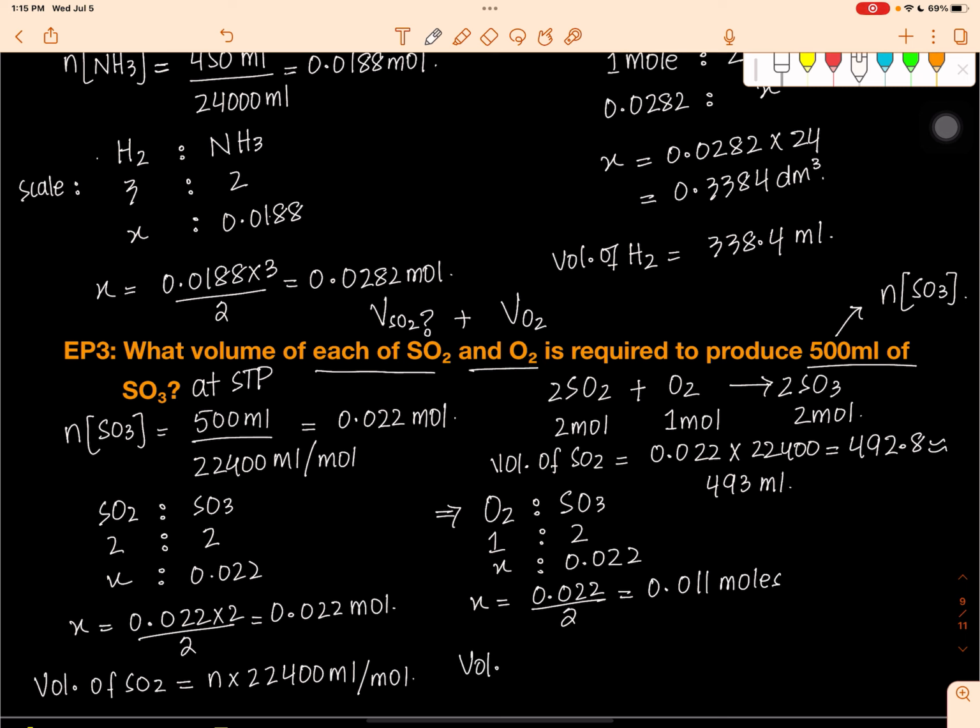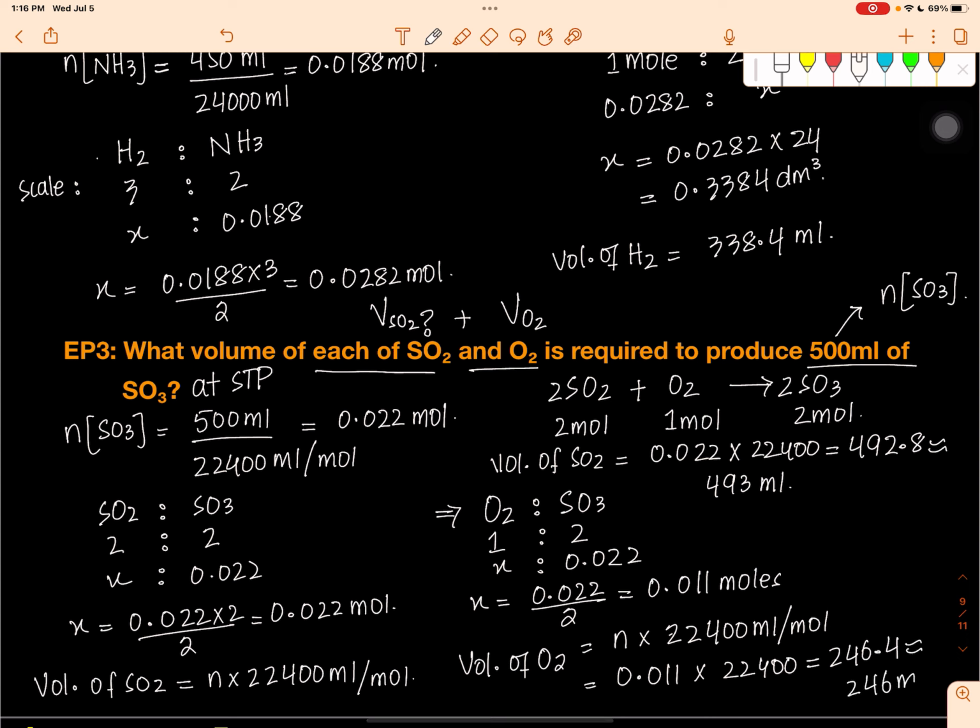So the volume of oxygen will be the number of moles cross the volume at STP, 22,400 mL per mole. 0.011 cross 22,400 gives us 246.4, which is roughly 246 mL.